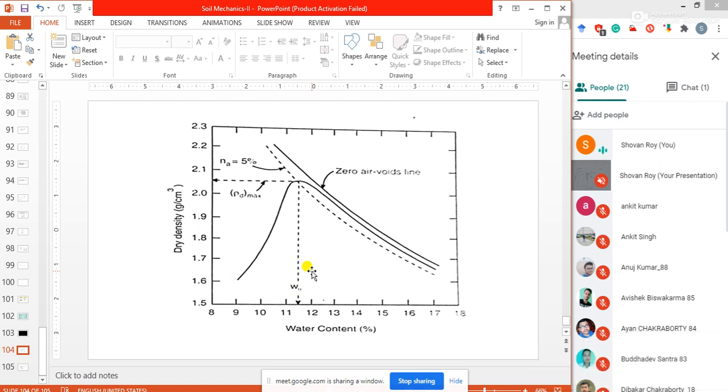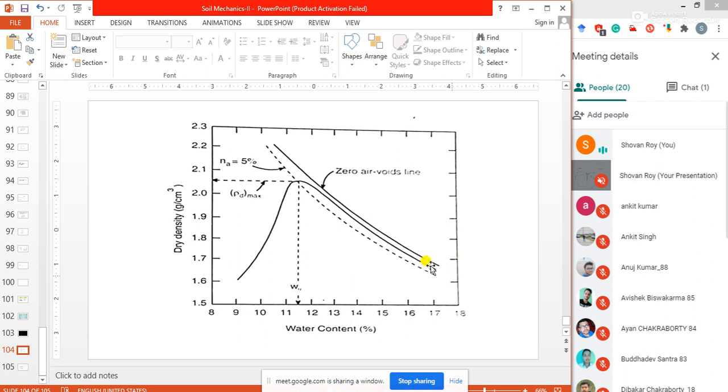Normally we perform this test to find that water content. So what is the water content where the soil will give the maximum density? Okay, so normally if we draw the zero air voids line, it will show like that.